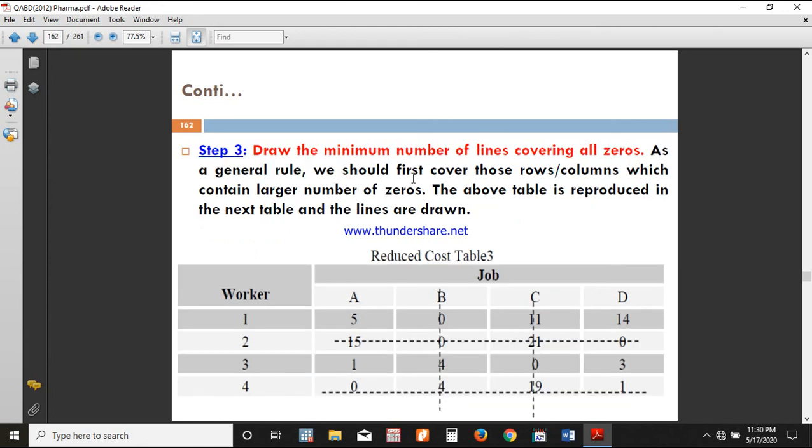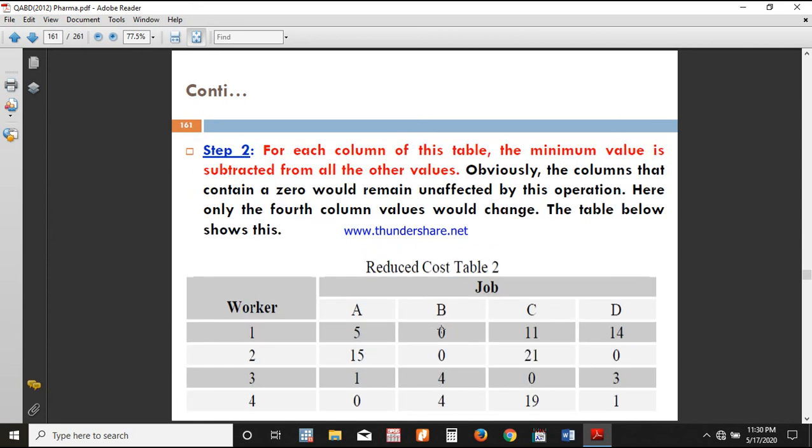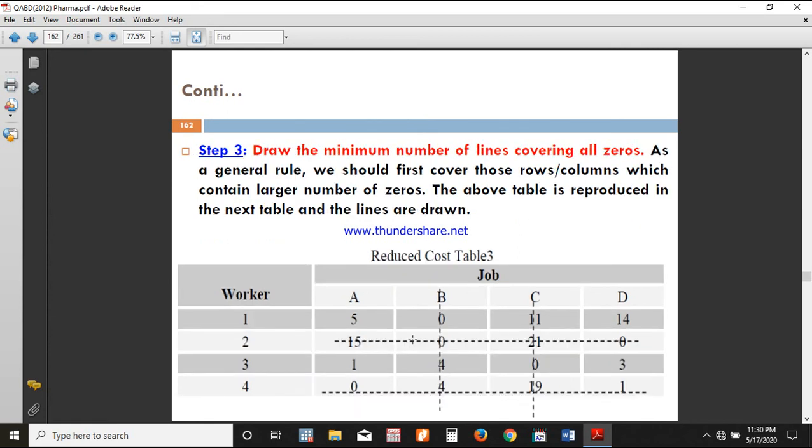Now draw the minimum number of lines to cover all zeros. The column with the most zeros is the first column, I think. Therefore you can draw a vertical line here to cover those zeros, and then the next ones have only one zero, so you can draw the second, the third, and the fourth lines. Therefore all zeros are covered by drawing two vertical and two horizontal lines.